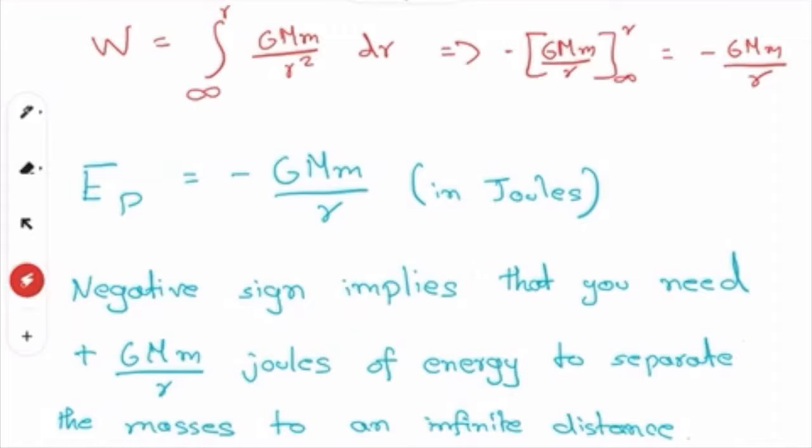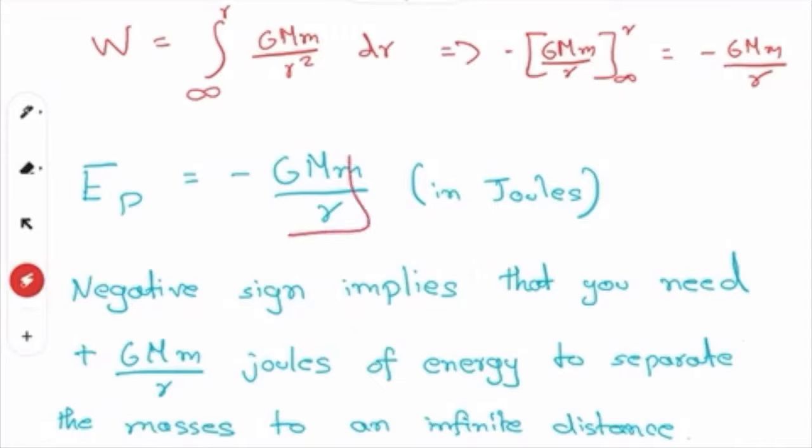And after this, we eventually come up with this, which is our formula for gravitational potential energy. The symbol for gravitational potential energy is a little different from what you'd really expect. It's EP.